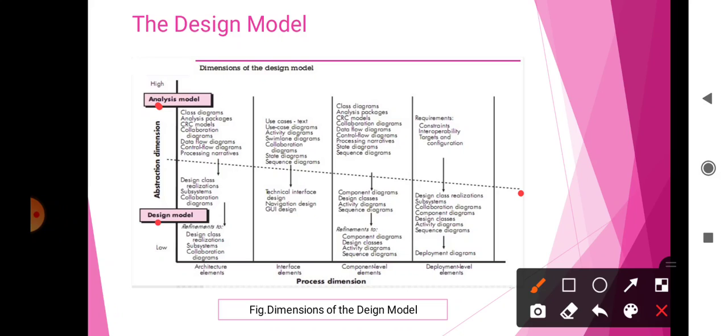We should note, however, that the model's elements indicated along the horizontal axis are not always developed in a sequential fashion. In a number of cases, preliminary architectural design sets the stage and is followed by interface design, then component level design, which often occur in parallel.